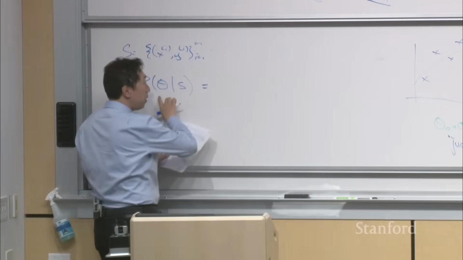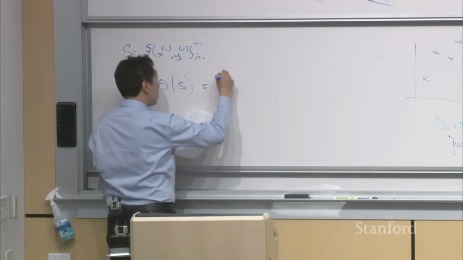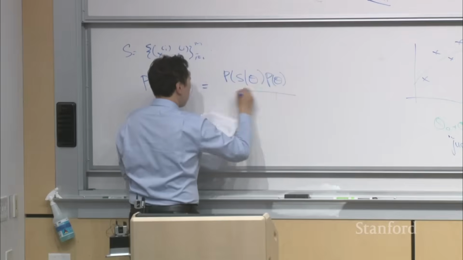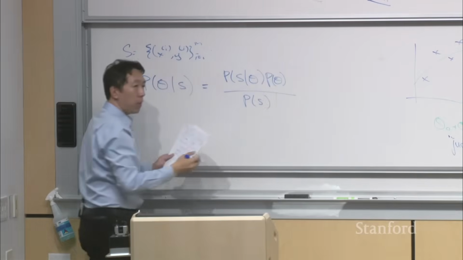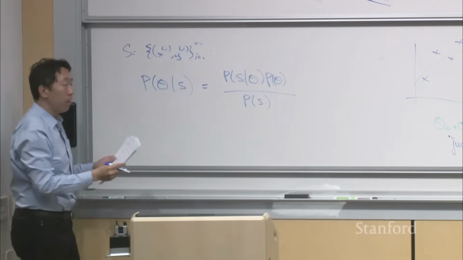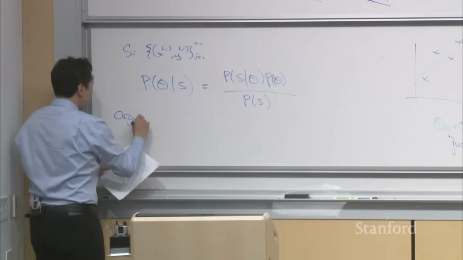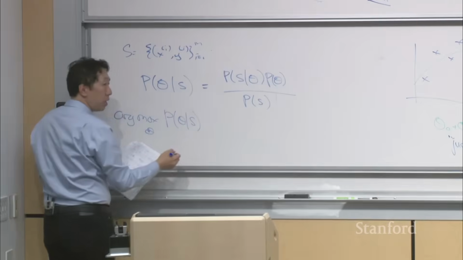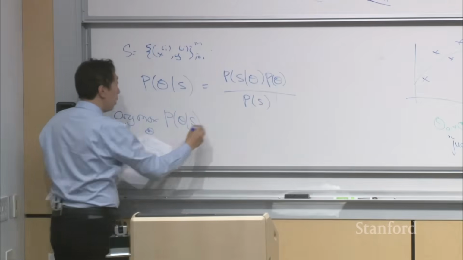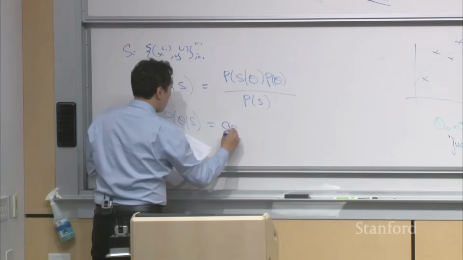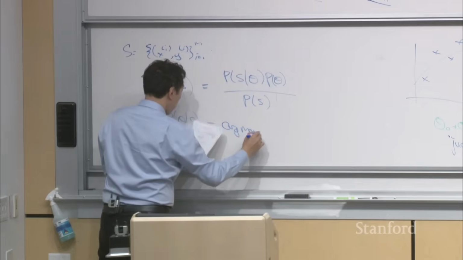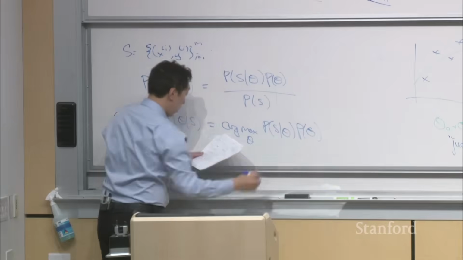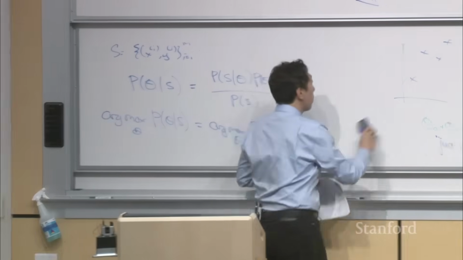By Bayes' rule, P of theta given S is P of S given theta times P of theta divided by P of S. If you want to pick the most likely value of theta given the data you saw, then because the denominator is just a constant, this is argmax over theta of P of S given theta times P of theta.